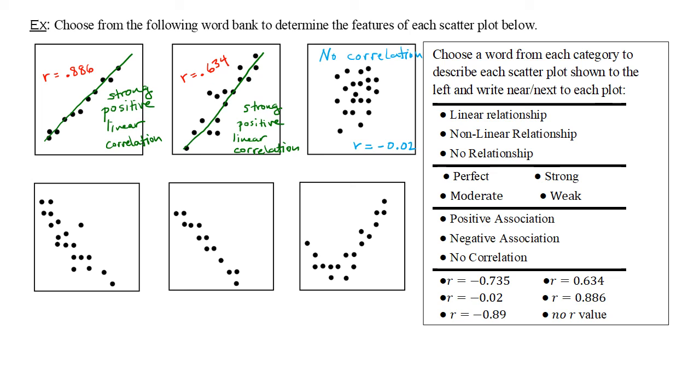Now looking at the next one, I definitely see a downward trend here. And same with the next one. These both kind of have a downward trend. And so for both of these, I'm going to say that there is a strong negative linear correlation.